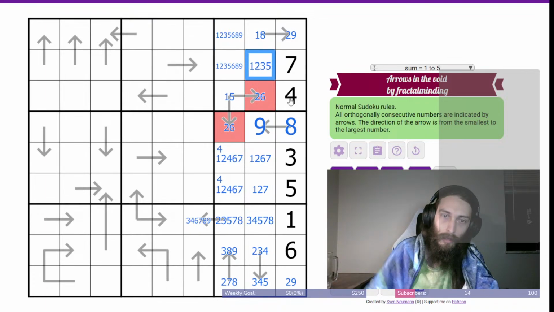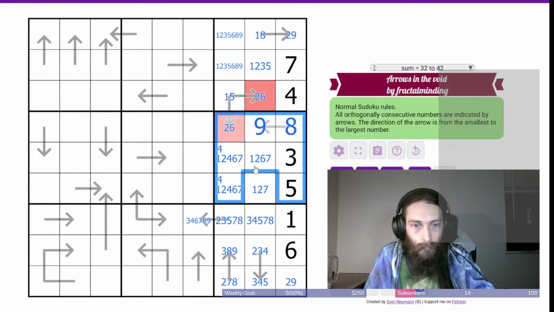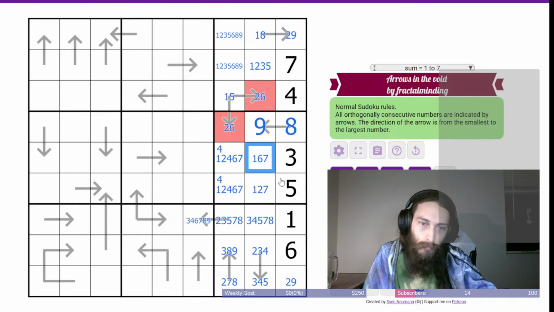Can't put 6 or 8 there. Oh, in box 6, can't have a 2 next to the 3. Right.